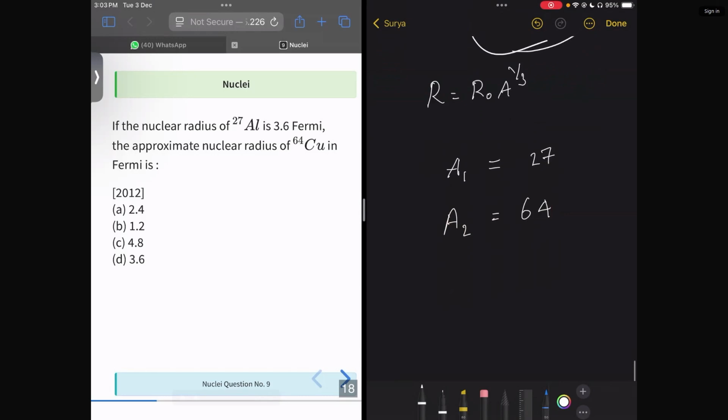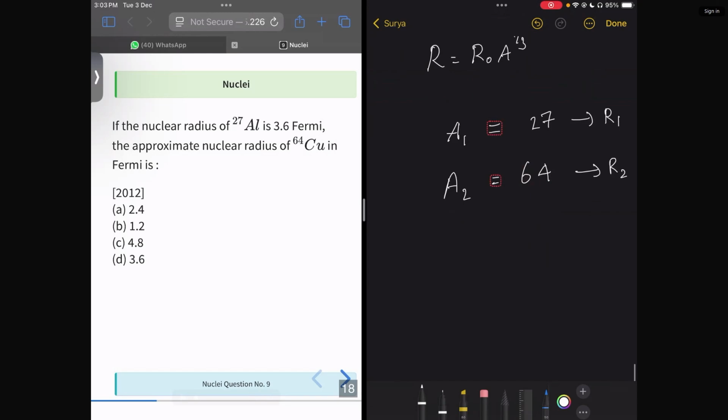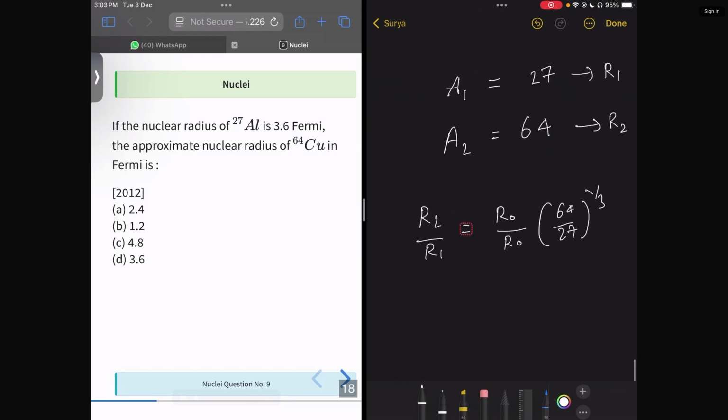Suppose the radius of aluminium will be R1 and the radius of copper will be R2. So R2 by R1 is equal to R0 by R0 into 64 divided by 27 whole power 1 by 3. So it will be 4 by 3, right? R1 is the radius of the aluminium atom.